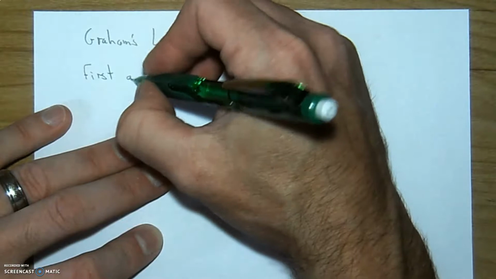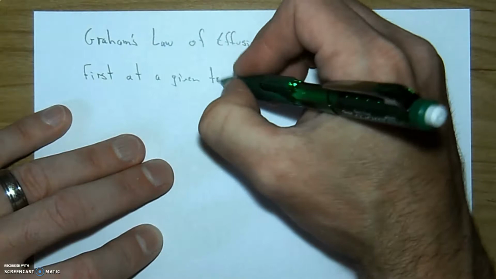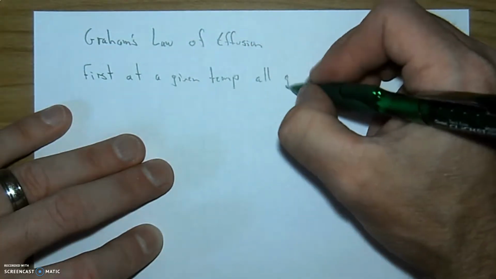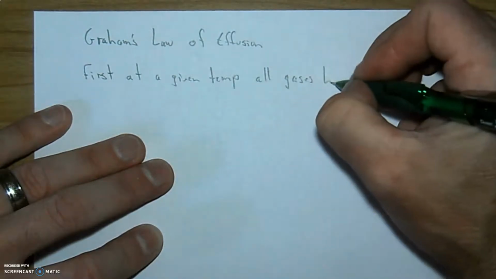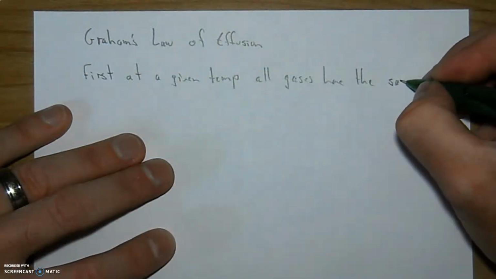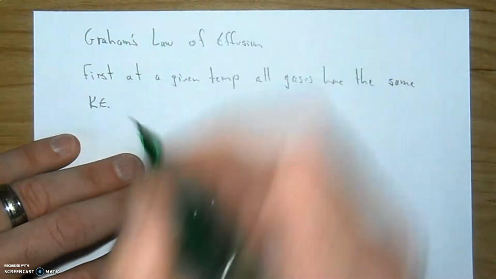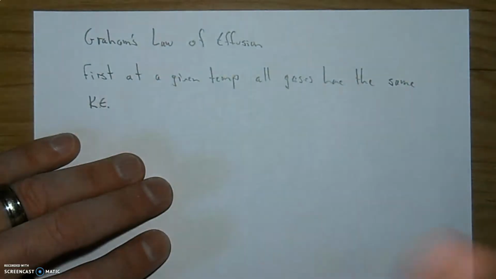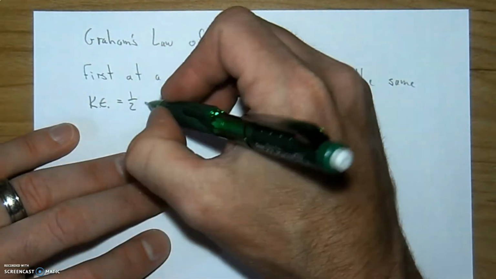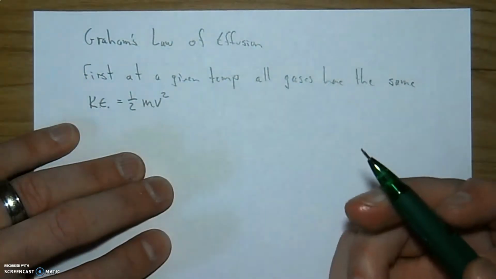First, at a given temp, all gases have the same kinetic energy. So any two gases that are at the exact same temperature, they have the same kinetic energy. And kinetic energy, going back to an equation you probably learned back in middle school once upon a time, kinetic energy is 1/2 mv squared.